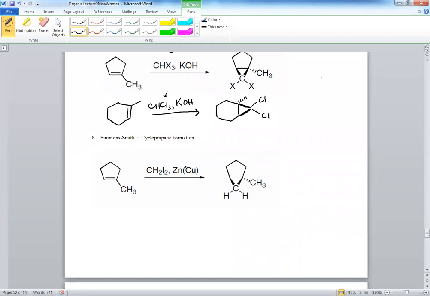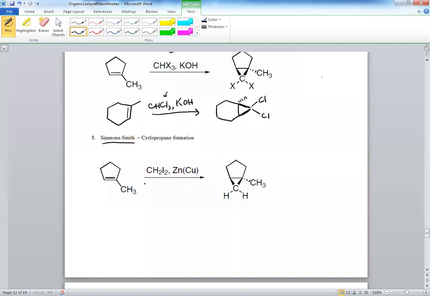This is another similar reaction. It's a cyclopropane formation, except you don't have halogens attached to the carbon in that cyclopropane ring. You have hydrogens. It's called the Simmons-Smith cyclopropane formation. So if you notice, the reagents are different.